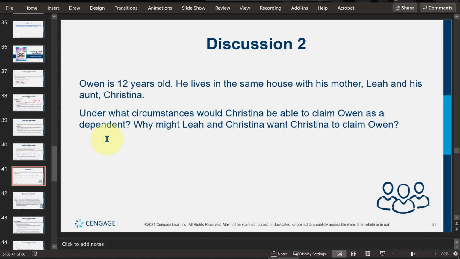Well, if Leah doesn't claim Owen, remember Leah's the parent, she has first rights to claim Owen. Then if Leah doesn't claim Owen, then Christina can claim him. Now here, why might Leah and Christina, the aunt, agree among themselves to let Christina claim Owen?